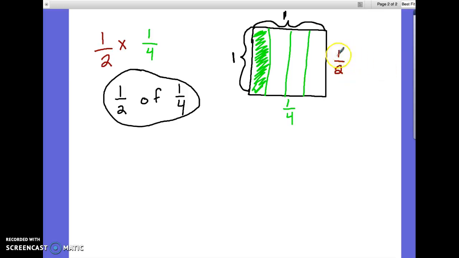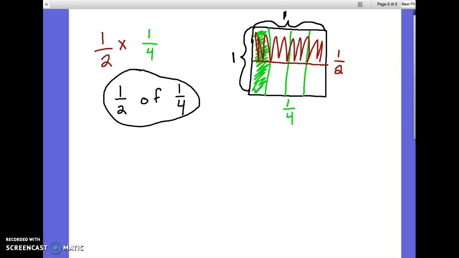Now we want to know what 1/2 of that 1/4 is as we represent it over here. Well, we're going to do the exact same thing we did with the 1/4, but we're going to do it with this side over here. So I want to break this length up into 2 parts. I only want one of them, so I'm only going to shade one of the 2.